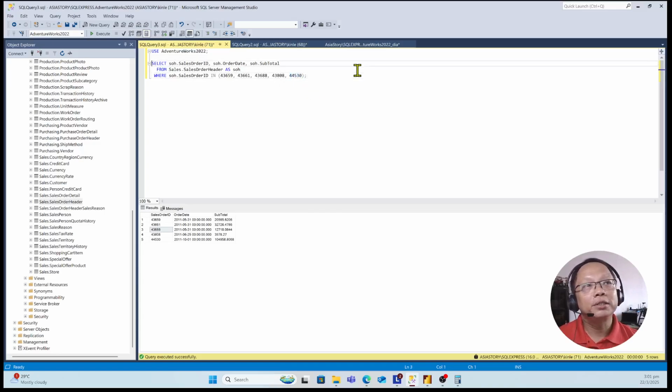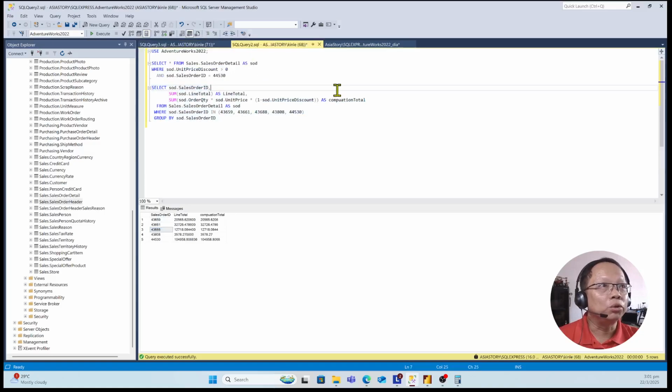Let's run this again, either with the F5 key or the execute button. So I have these records, the order date, and the subtotal directly from the sales order header table. Let's go to my query that will compute certain information.